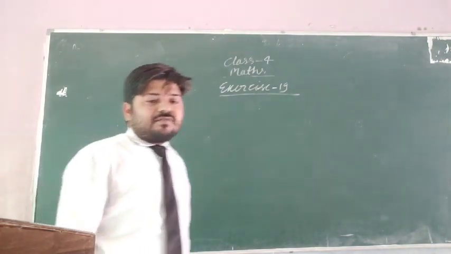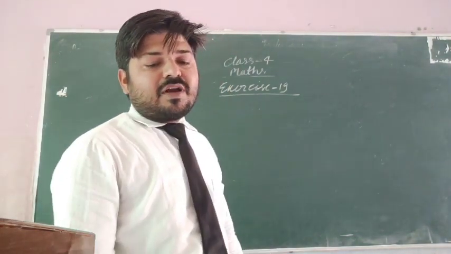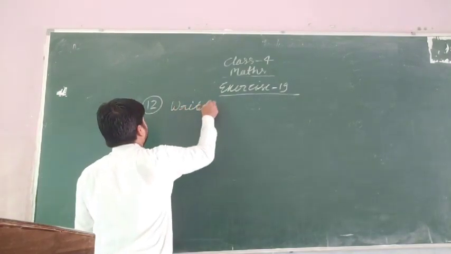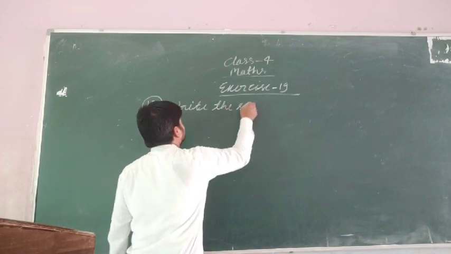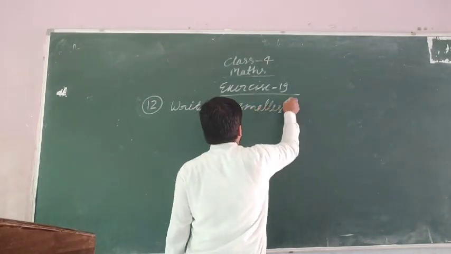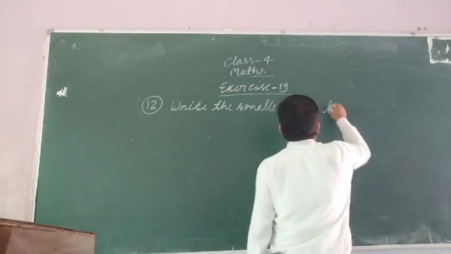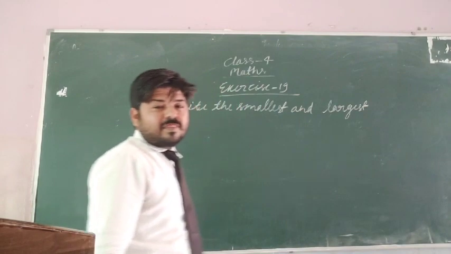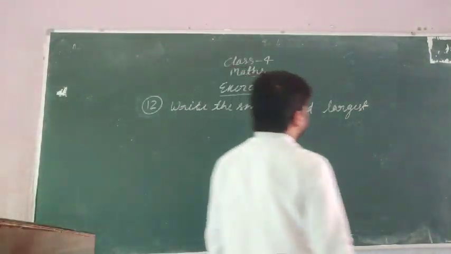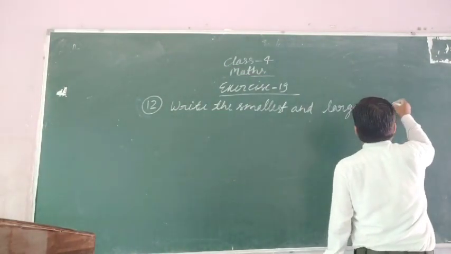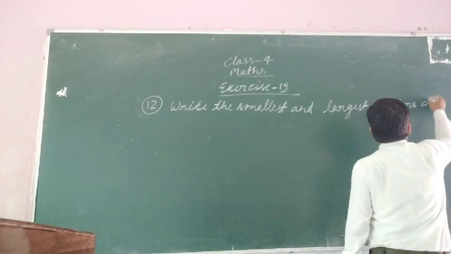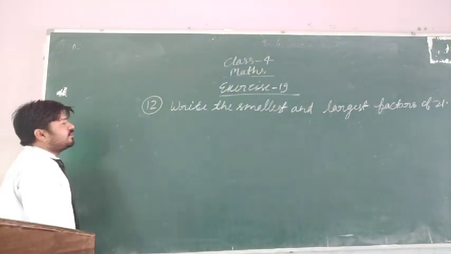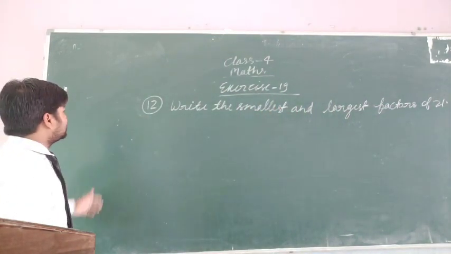Now I am going to tell you question number 12. What is question number 12? Write the smallest and largest factors of 21. Okay. So in this question beta there is no need to solve, only you have to write the direct answers.